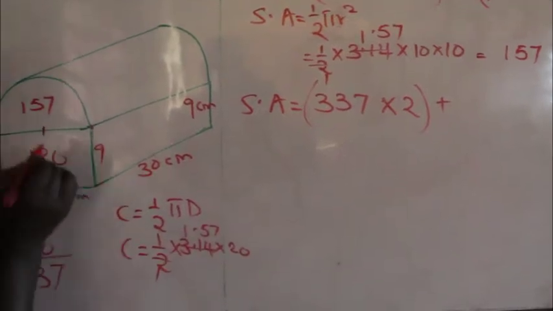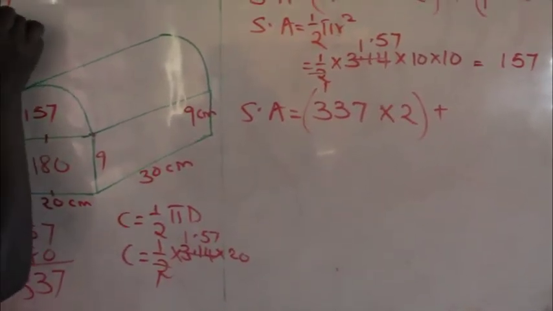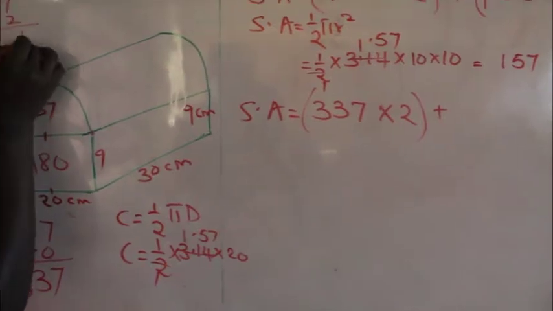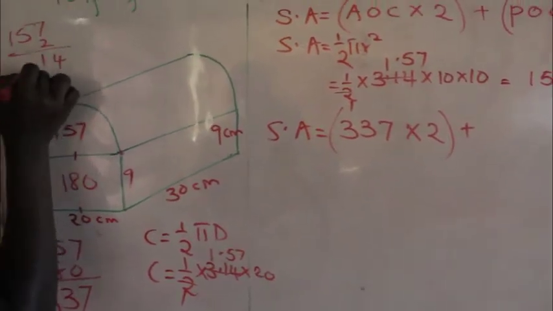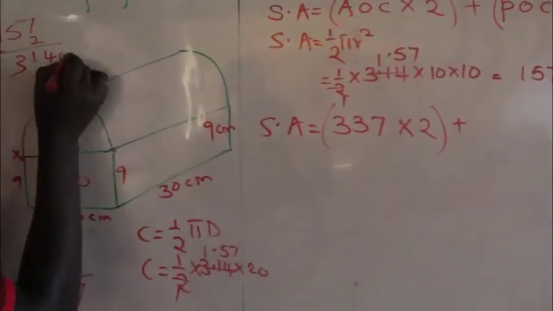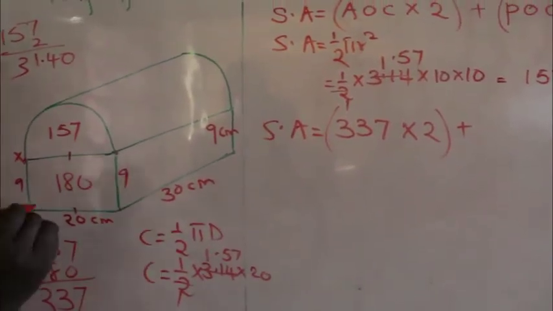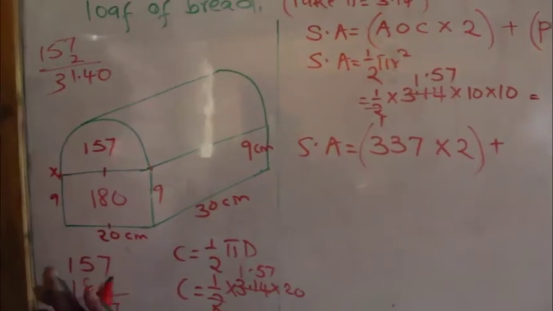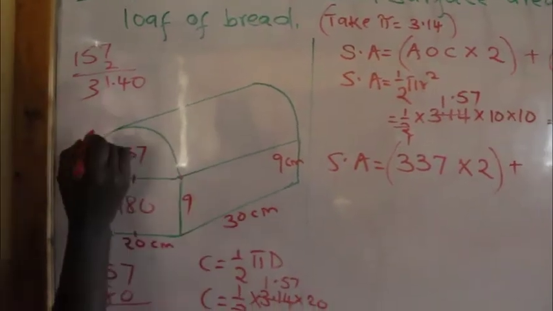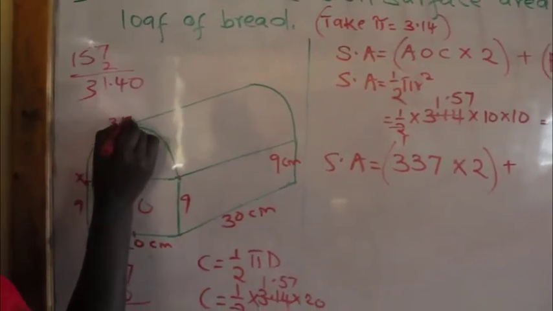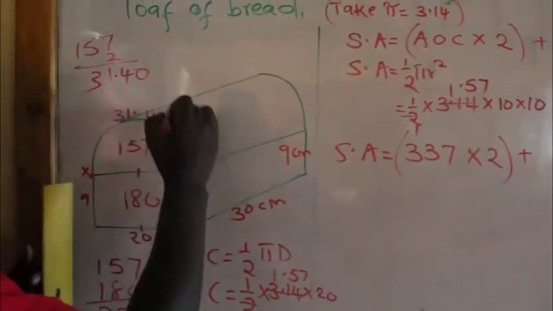So let us multiply 157 times 2 first. 14, 10, 11, 3. Let me add the 0. Then I replace back the decimals like that. So I have 31.4. So what is 31.4? It is the circumference of the circle. Now I have my circumference.